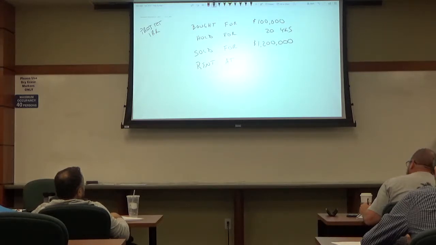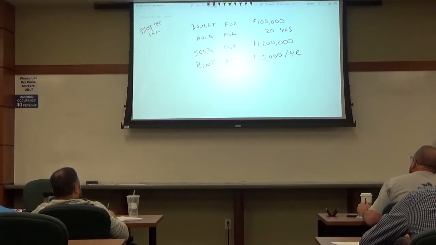So what sort of rental amount might we do on an annual basis? $15,000? Okay, 15,000. Okay. Figure out what basically the rate of return is on this.